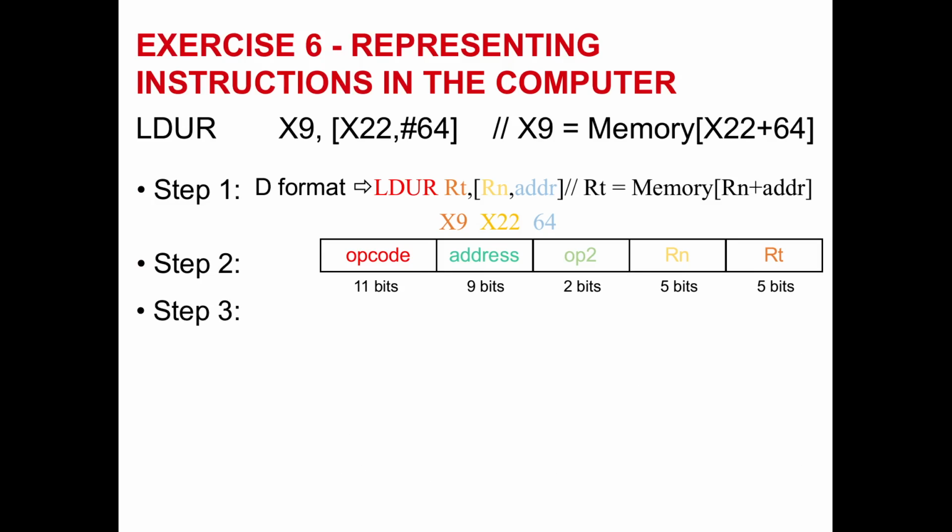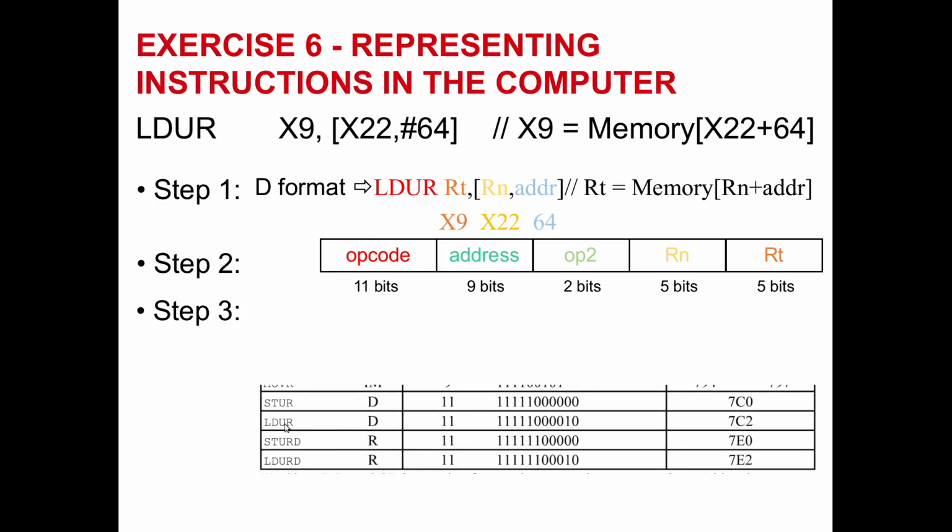And now we need to know what is the opcode, what is the machine code, or opcode, for LDUR. And we look into this table, we can find LDUR has 11 bits for opcode, and the opcode is 11111000010.